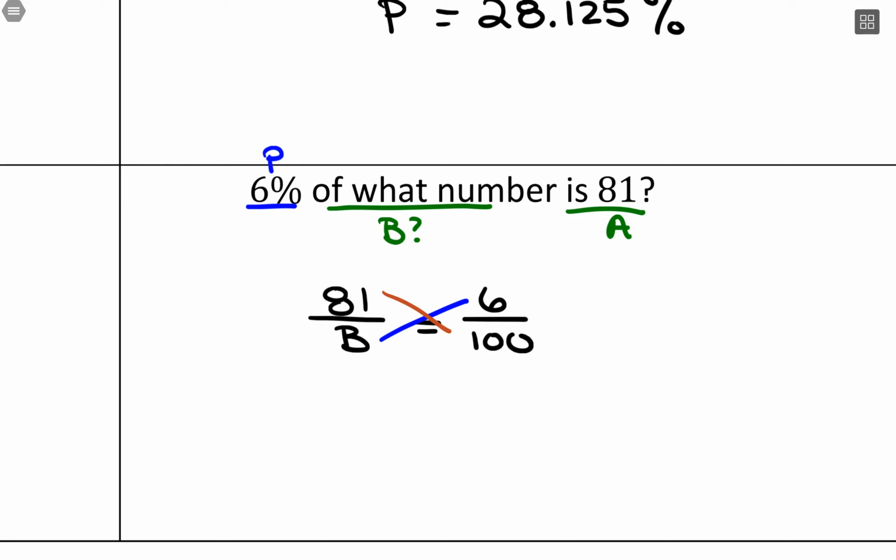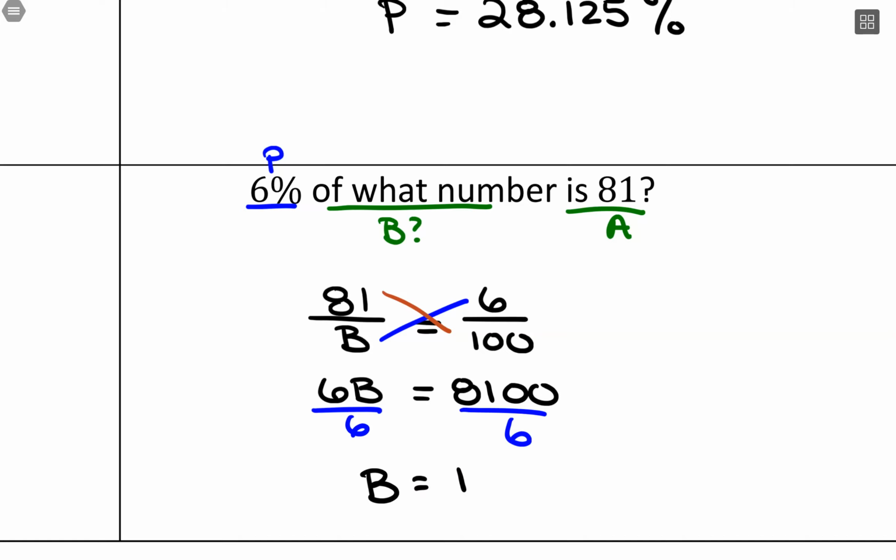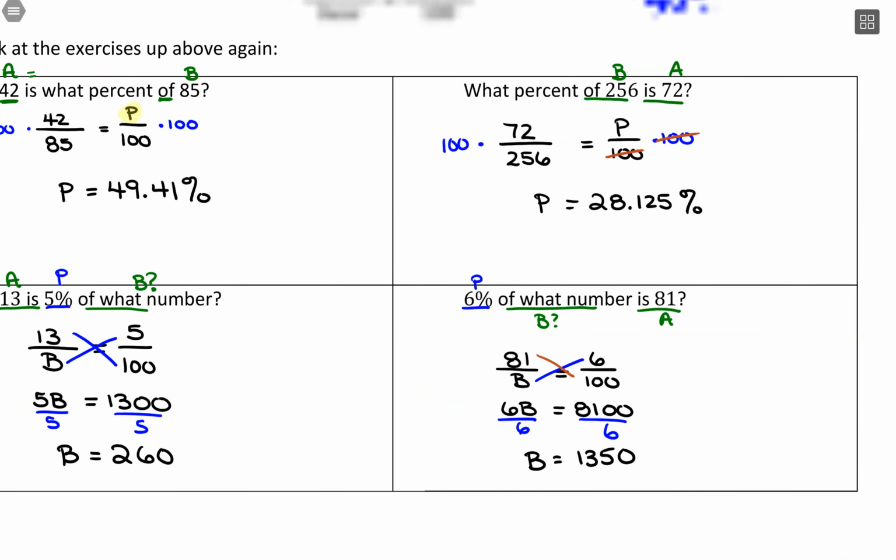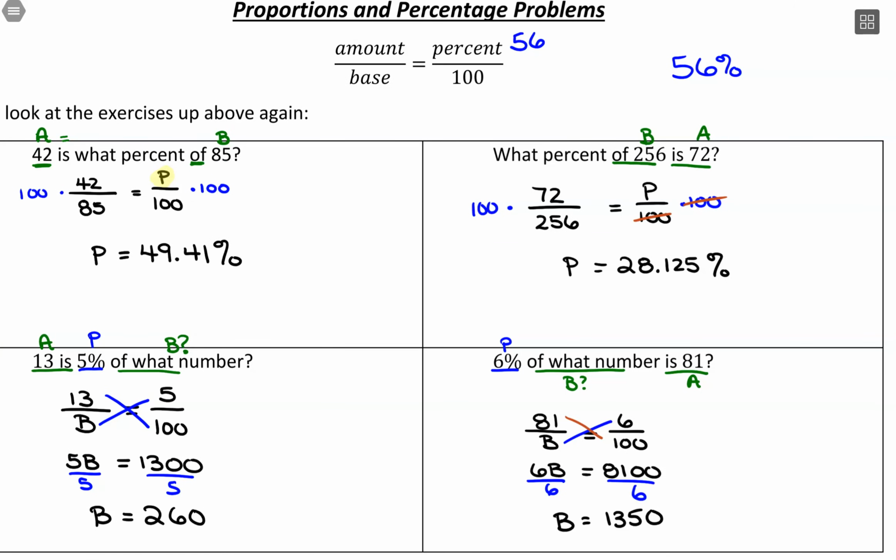So 6 times b equals 81 times 100. Divide both sides by 6. So we get b equals 1,350. So again, this formula operates in a way that's exactly the same as up above.